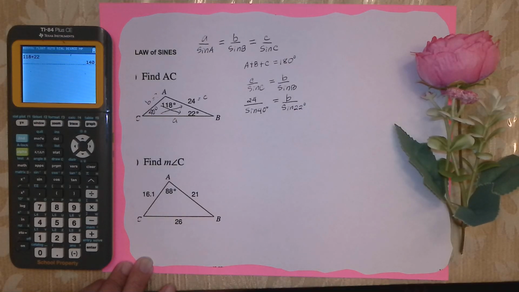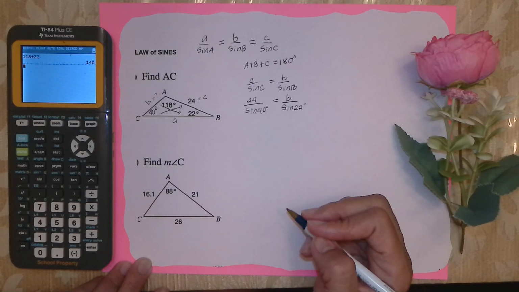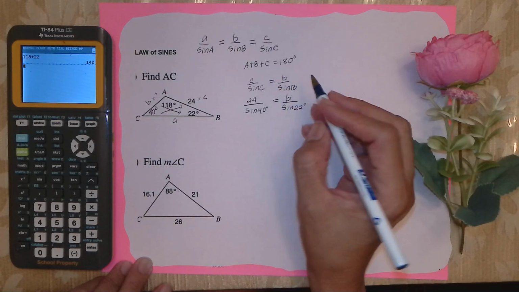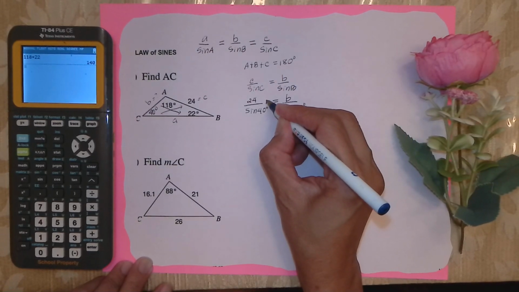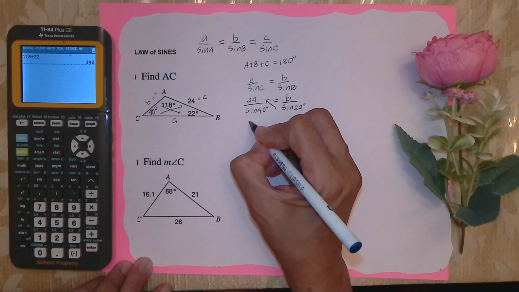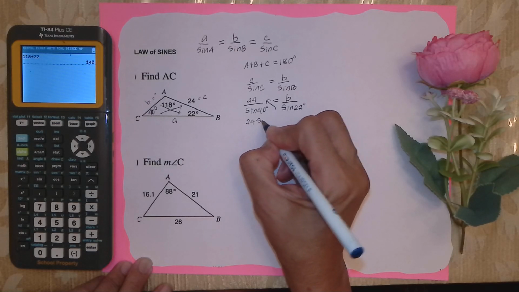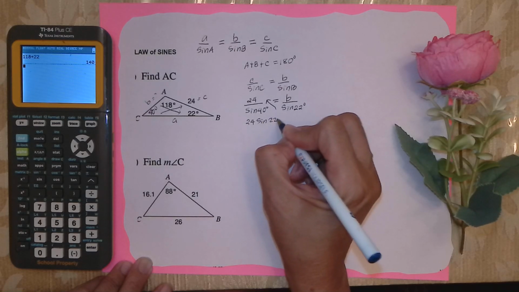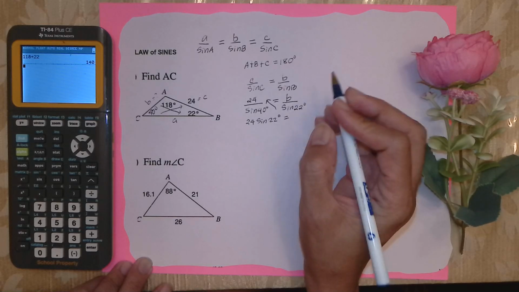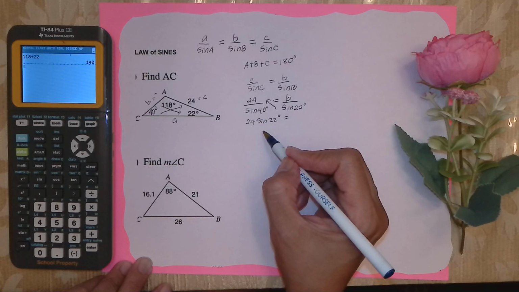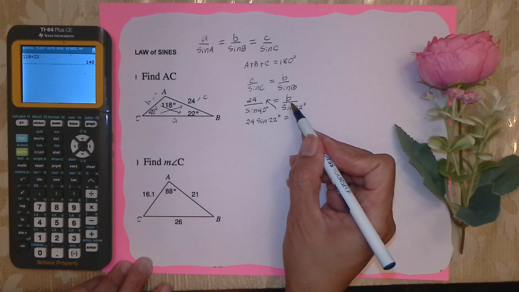In order to solve this problem, you can do cross multiplication. So b is equal to 24 sine 22 degrees, and then you can just put sine 40 degrees at the bottom because b is already by itself.